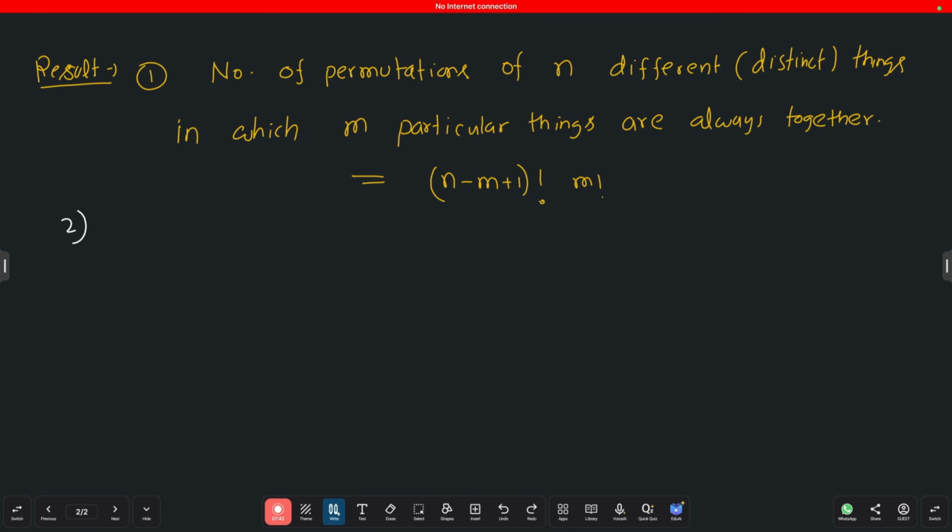So if I ask the number of permutations of n different things in which m particular things are never together, then what should I do? Total minus together.